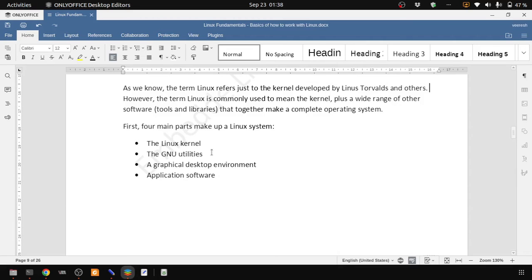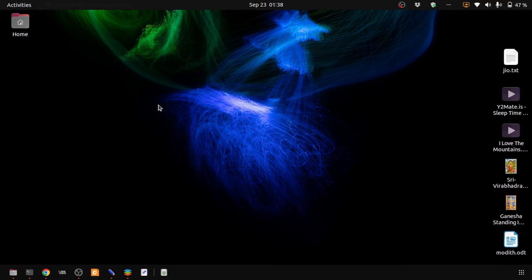Here, the four main parts are the Linux kernel, the GNU utilities, a graphical desktop environment, and application software. In the graphical desktop environment, there are different options, like GNOME, KDE, and things like that. Whatever we see here is the graphical desktop environment.